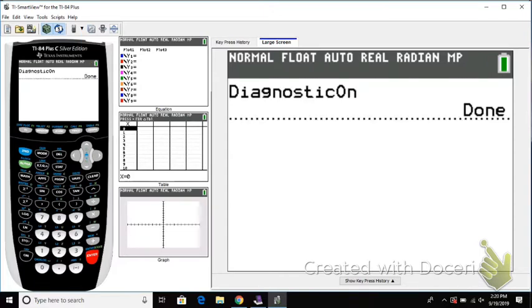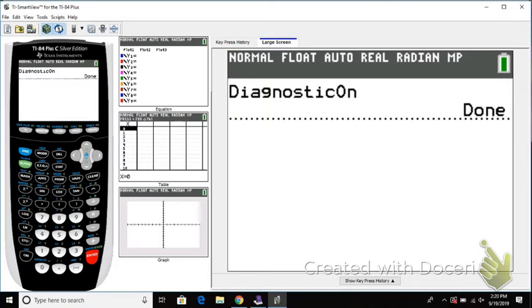And now it's going to turn on your r and your r squared. Diagnostic on. Hit enter twice and it should say done. Okay. Now let's go back.